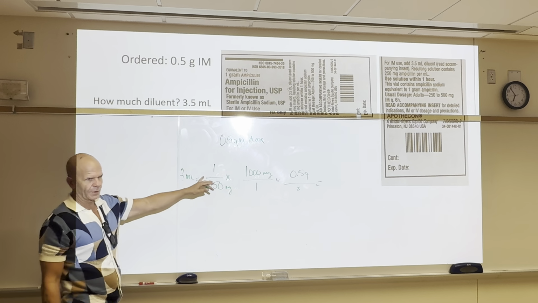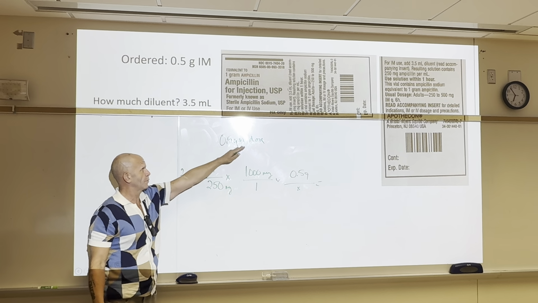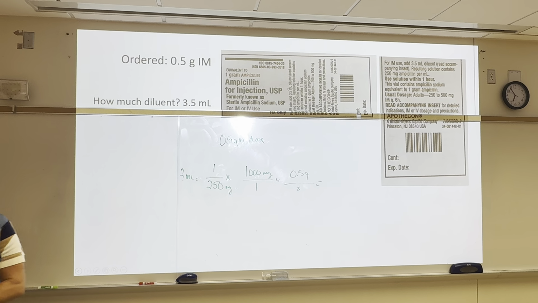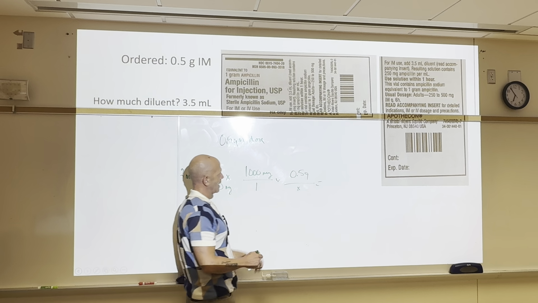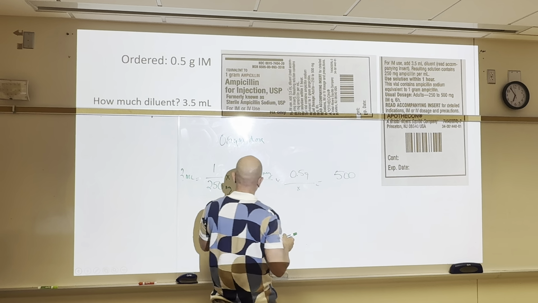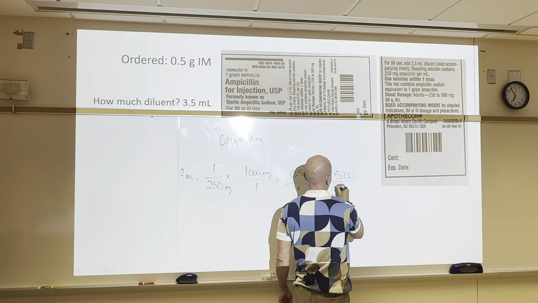That's the long conversion. This is putting the conversion, we're converting this inside the equation now. Okay, this is the long way. For some of you, this is easier. So 1 times 1,000 is 1,000 times 0.5 is 500. 250 times 1 is 250. So what are you going to give?